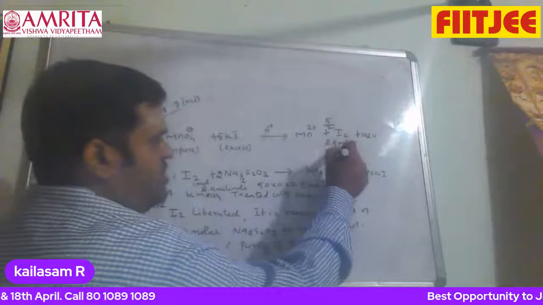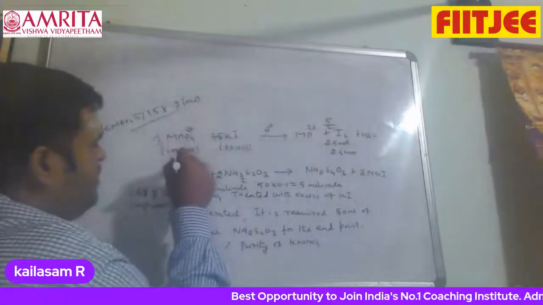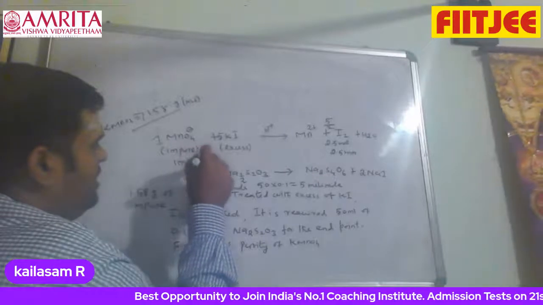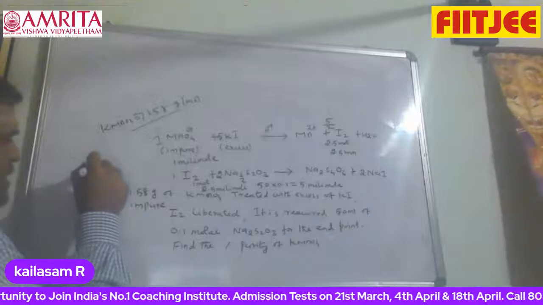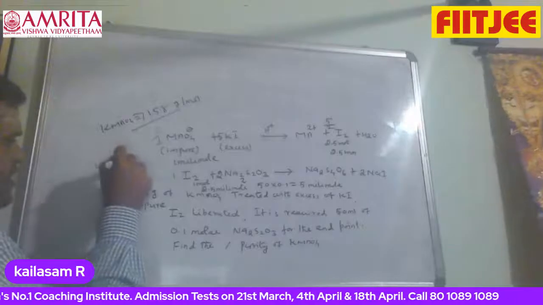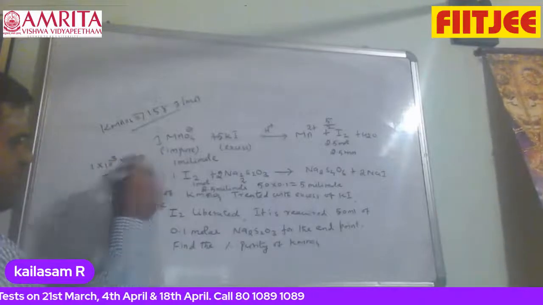Here how much did you get? 2.5 millimole means 1 millimole only. So 1 millimole means how many gram? That means 1 into 10 power minus 3 into 158, so I can say 0.158 gram only.